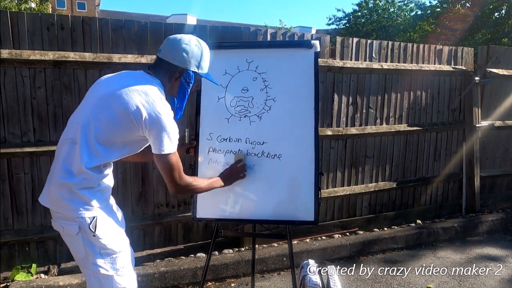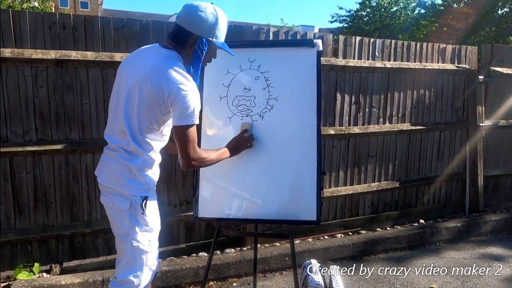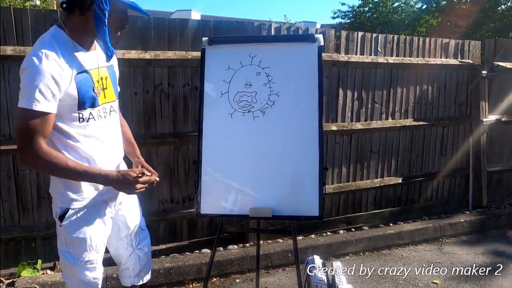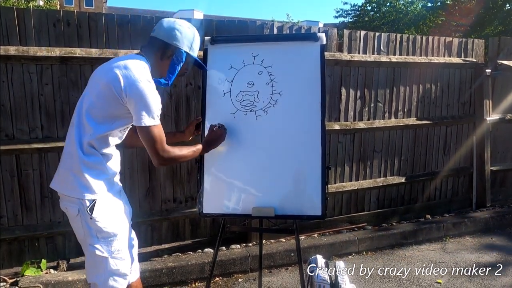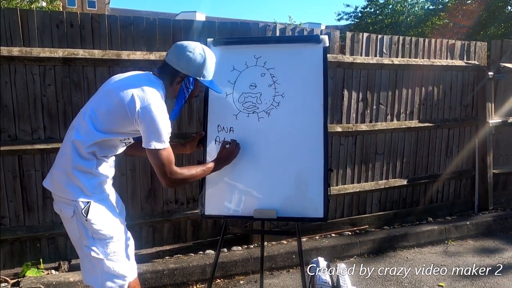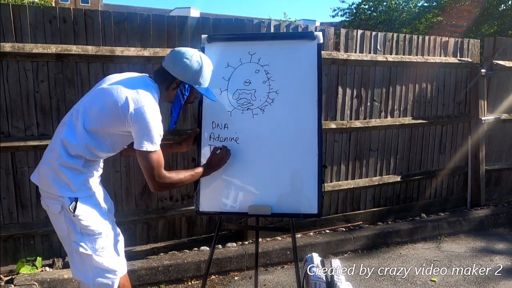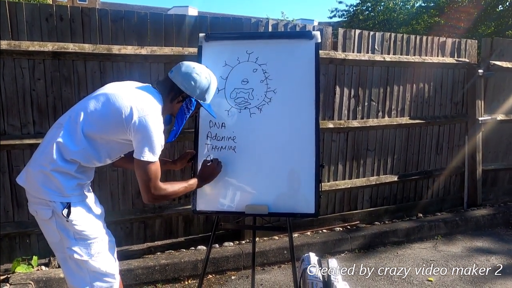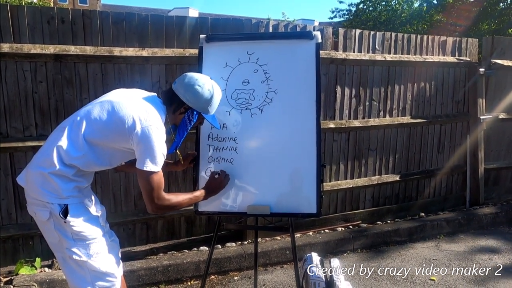So, nitrogen bases, yeah? I'm going to break down the nitrogen bases before I give you the construction of the formula of DNA and RNA. So, the nitrogen bases on the DNA are adenine, yeah, you have thymine, you have cytosine, and you have guanine, yeah.